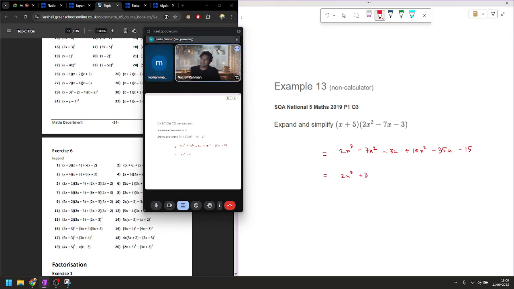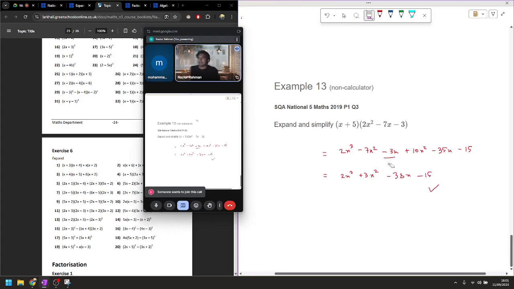Well done. Okay, keep going. Minus 3x, minus 38x. Good. And then we just keep the minus 15 because that's the only number term. Well done, that's it.